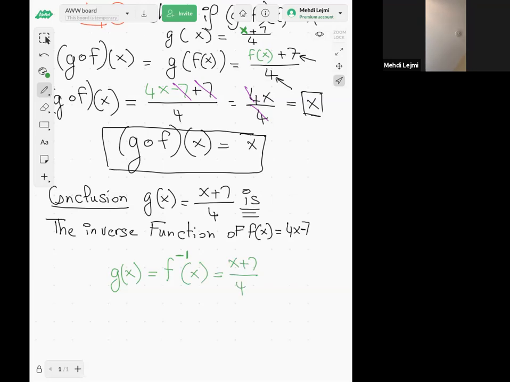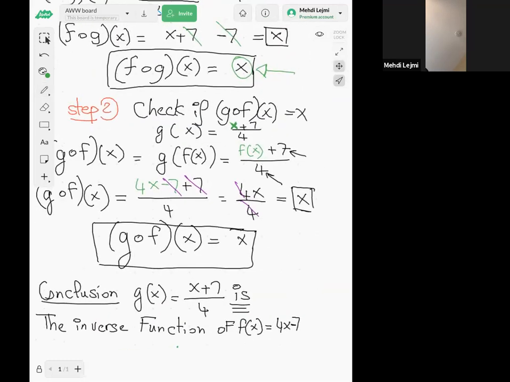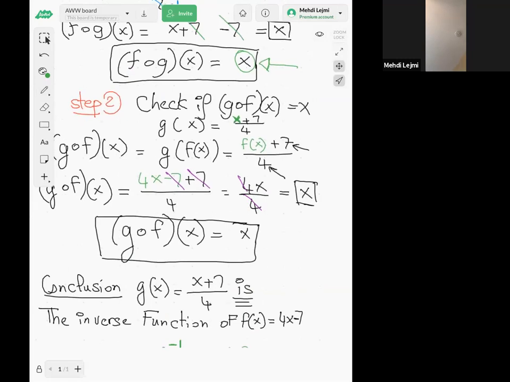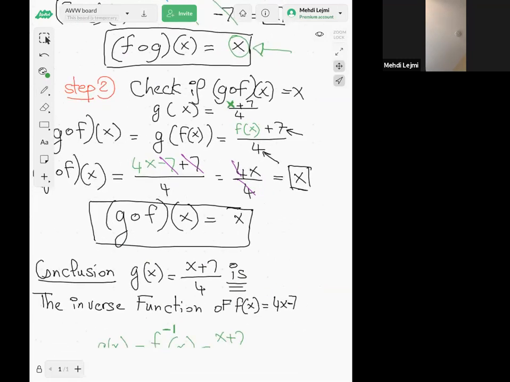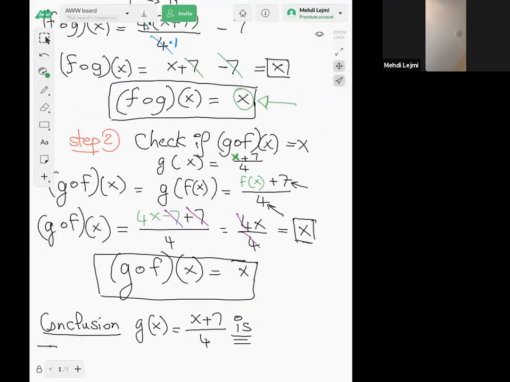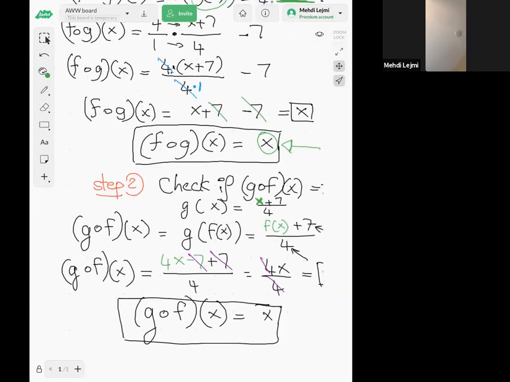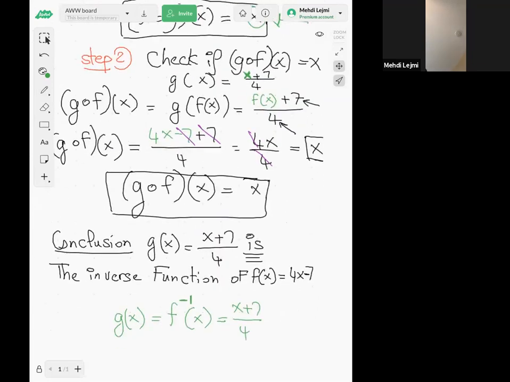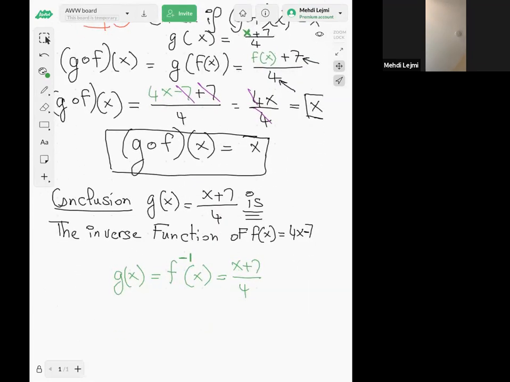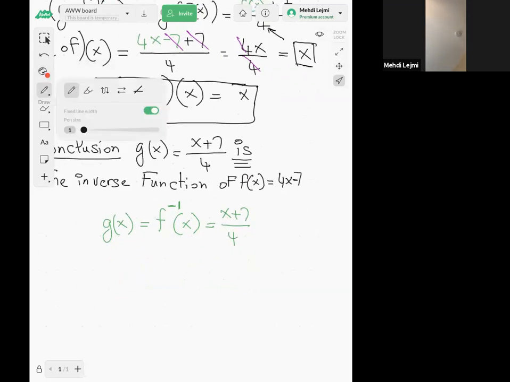And again, guys, if you don't get x in the first step or in the second step, then you can say that this function g is not the inverse, all right? Is there any question first about this example? And you see, guys, this g of x is not 1 over f. It's not the reciprocal of f.